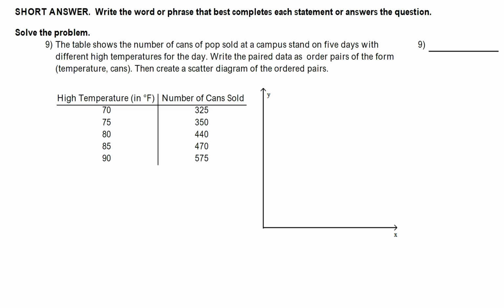What you would do is look at your temperature here, and it goes from 70 to 90 here, and then the number of cans sold, and you want to put that data here. So how would you set that up?